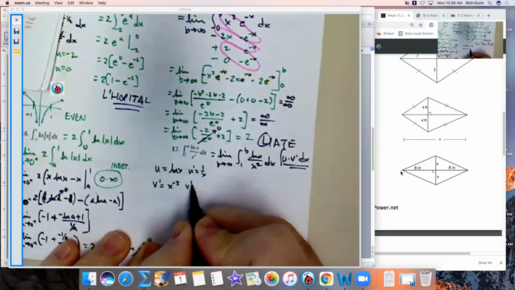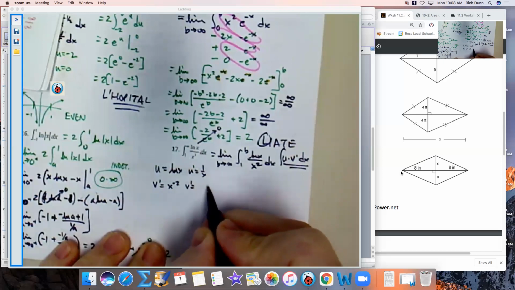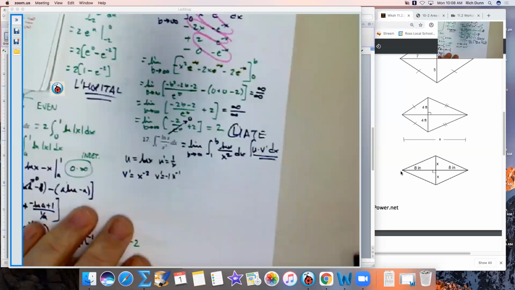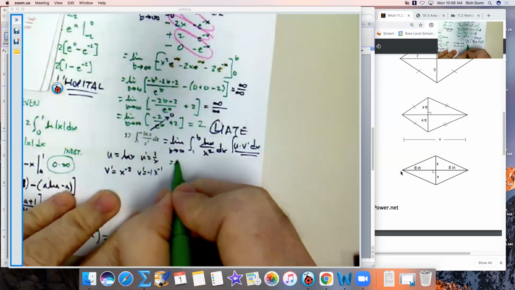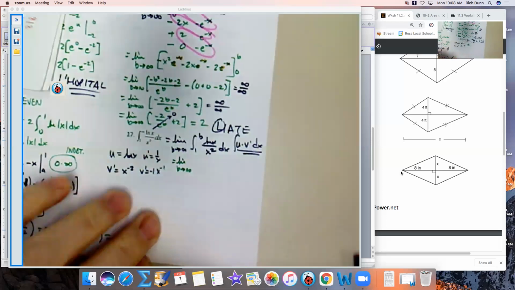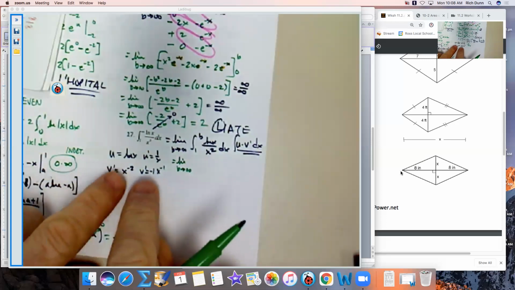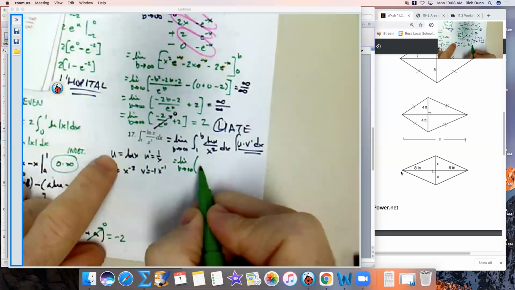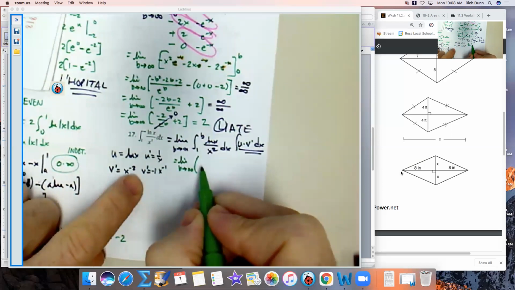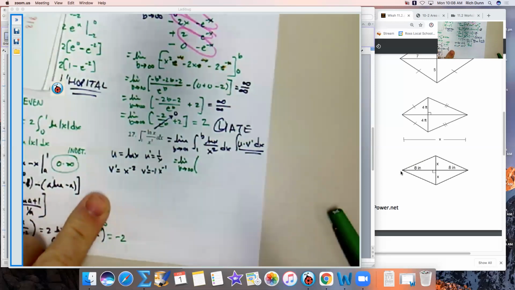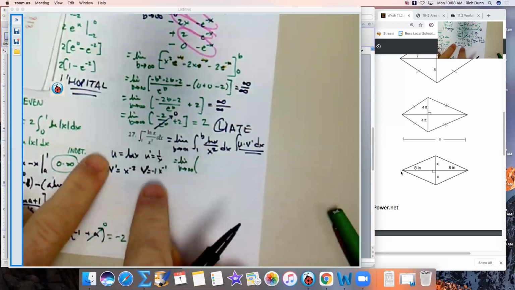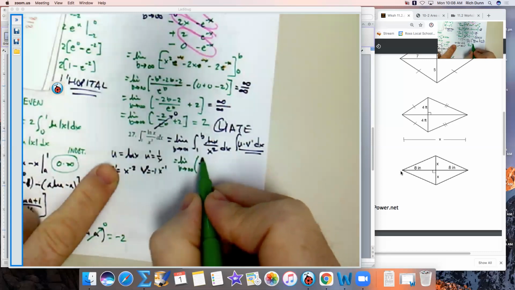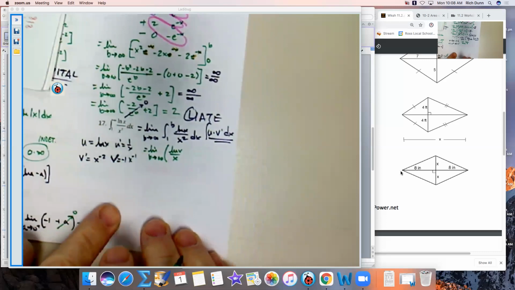The antiderivative will be: add 1, multiply by the reciprocal. And then we just have to follow our format. The limit as b goes to infinity doesn't go away. The first term, I'll put this in parentheses, will be u times v, which would be the negative natural log of x over x.